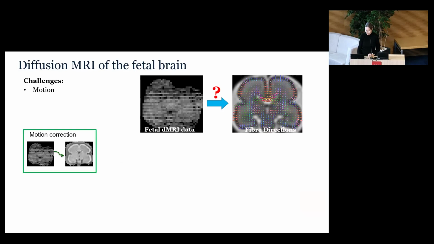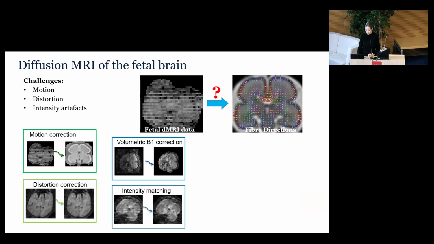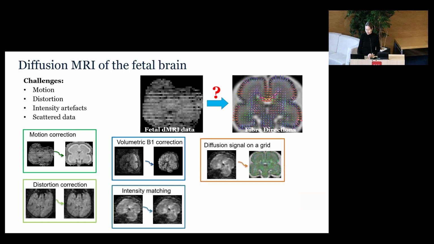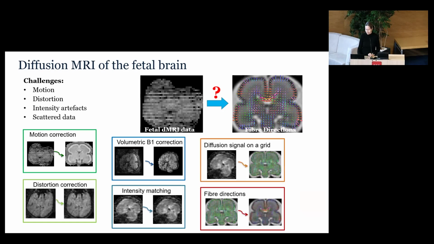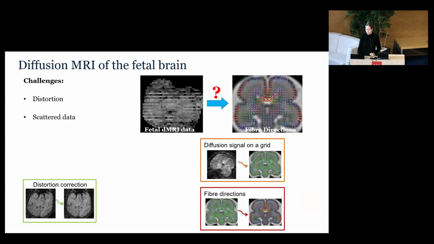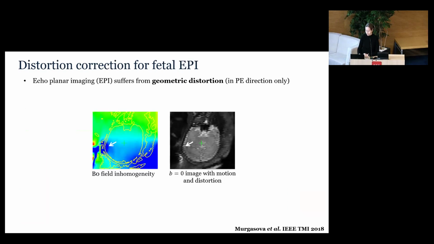Here I have all the challenges mentioned in diffusion: motion, distortion, intensity artifacts, then scattered data interpolation, and then finally we need to extract fiber directions from the reconstructed diffusion signal. Motion and intensity matching are the same as with structural, so I will just focus on what's specific to diffusion. I will start with distortion correction.